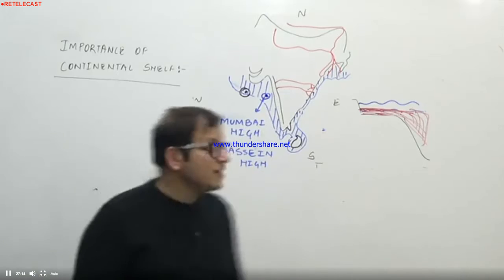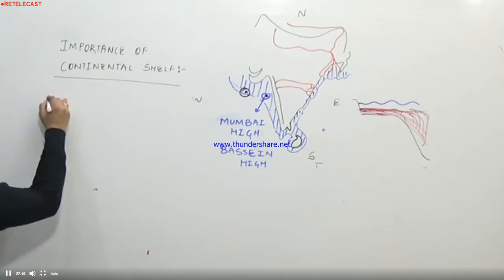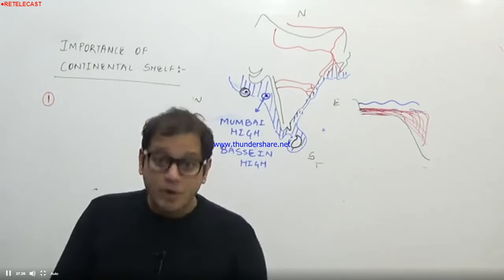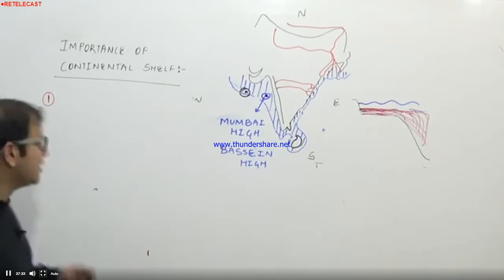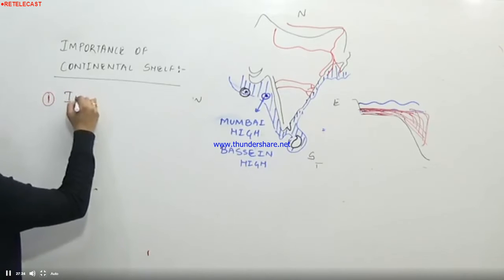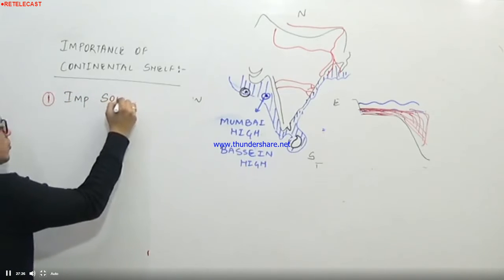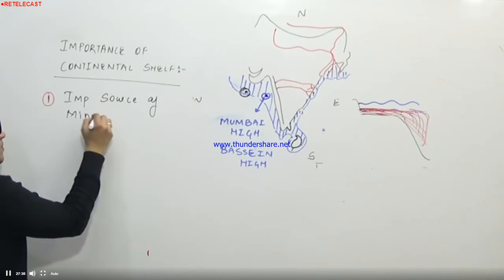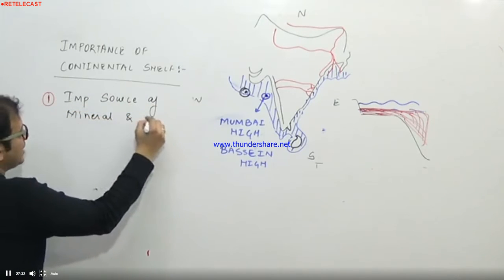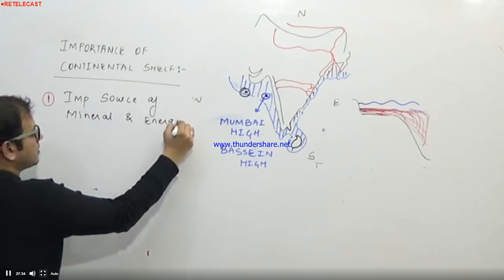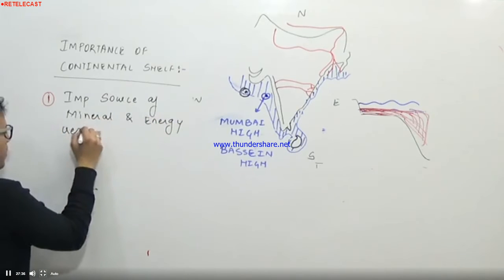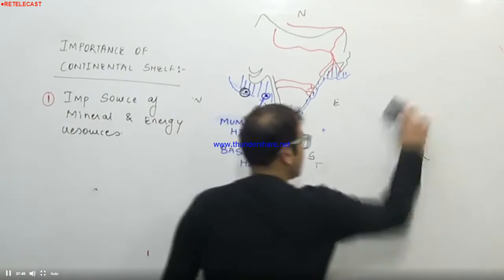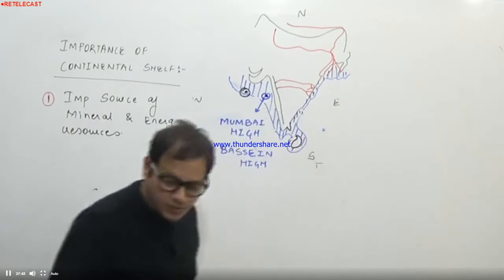That means the continental shelf has economic importance, that is, they are an important source of mineral and energy resources. Why are they an important source of mineral and energy resources?